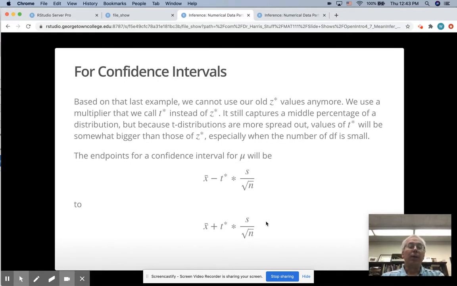So the endpoints for a confidence interval for a population mean are going to look similar in style to what we've seen before. We've got a statistic plus or minus a multiplier times a standard error, but our standard error this time is s over the square root of n, and our multiplier is now going to be a number called t-star. And our t-star values are going to be a little bit bigger than the z-star values that we saw before.